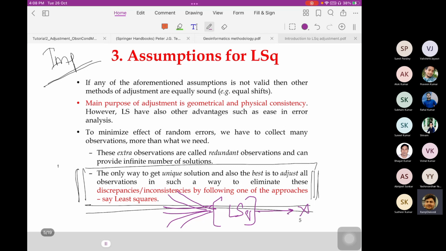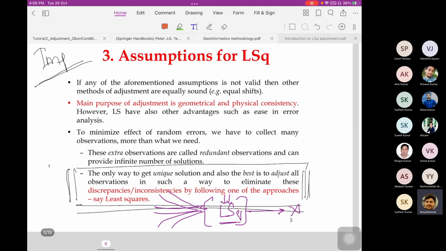Your least square model is going to take care of how to handle all such observations. This is the beauty of it. You do not have to think of individual equations one at a time. Your model is capable enough, but obviously these equations will be part of it, and you will see how we are going to do it.